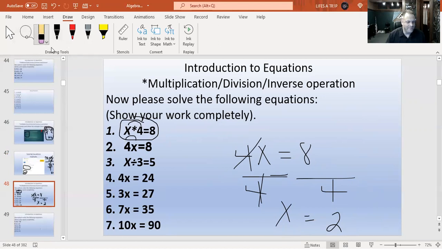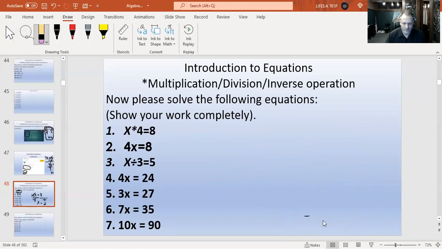All right, guys, number 3. All right, so x divided by 3 equals 5. All right, so that's a division, so we're going to multiply.